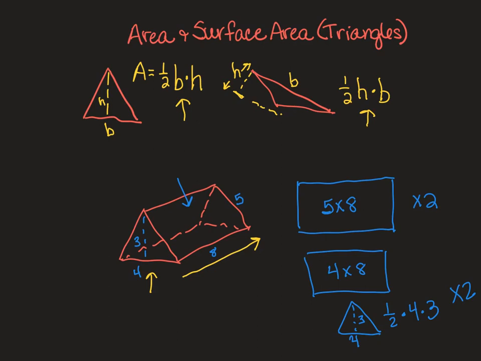So I need a base, a bottom, where the base of the actual solid is, and then I need 2 sides. So I've got sides, a bottom, and a front and back.